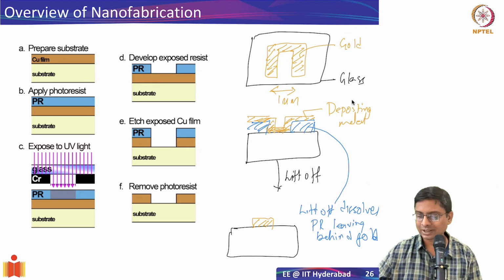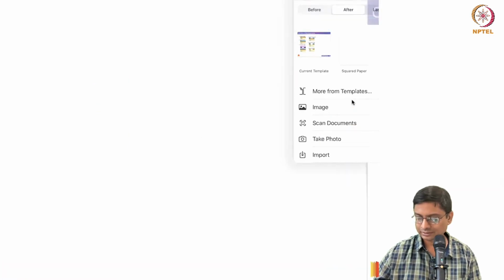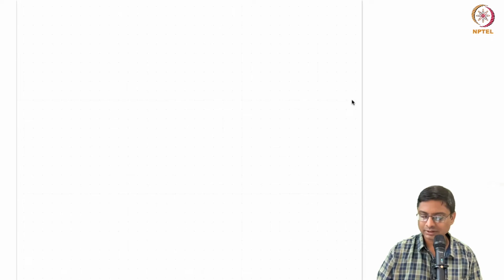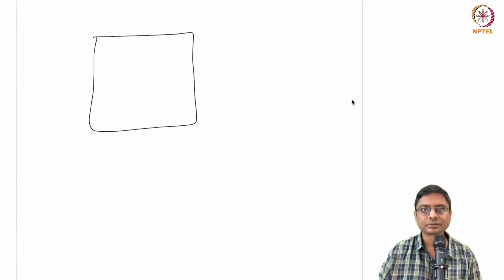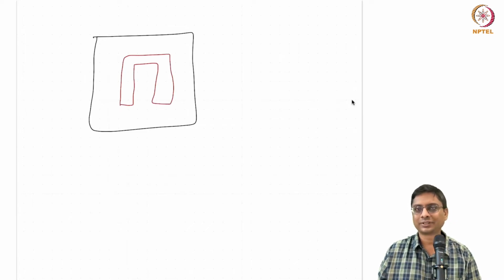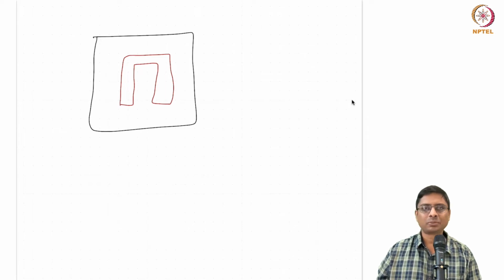Okay. For example, let's say I have a structure like this and I want to make a split ring out of it. If I use photolithography, I can put a mask and then in one shot I can expose everything.